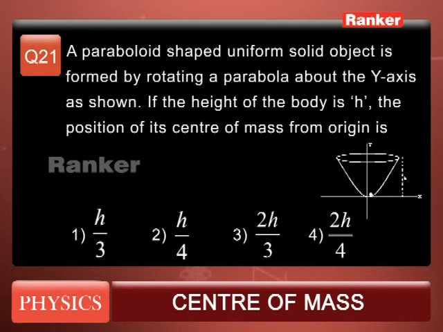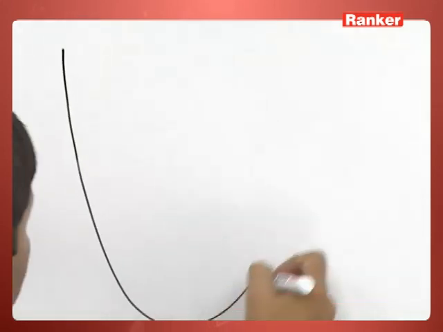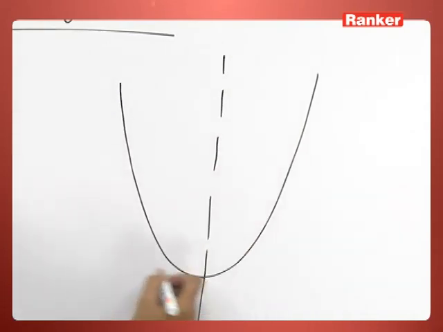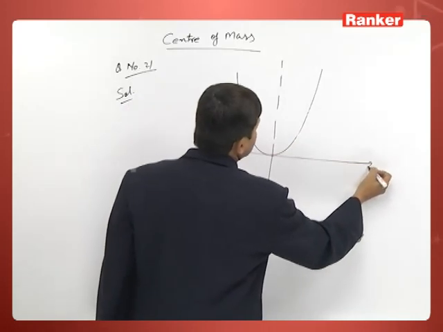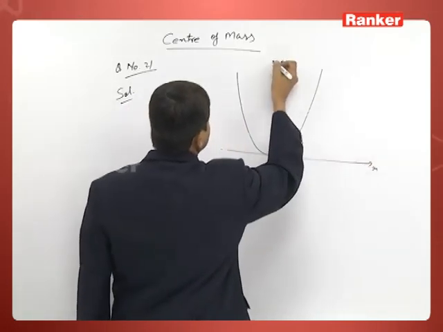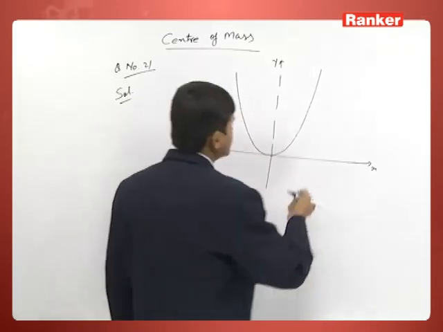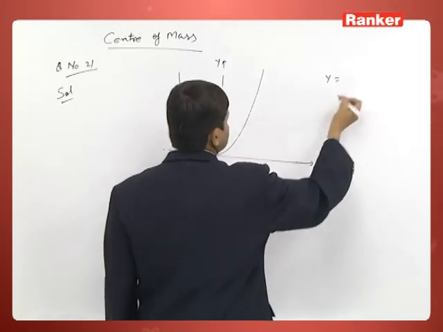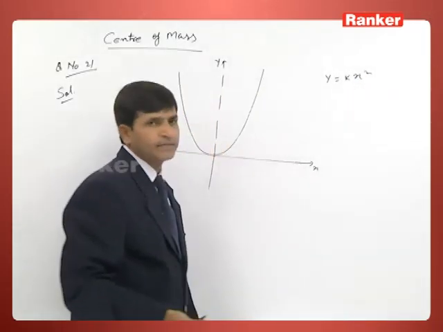Now see the solution. It is given the body is parabolic like this. So first of all, if we look at the equation of this, from that we can say y is equal to some constant k x square.